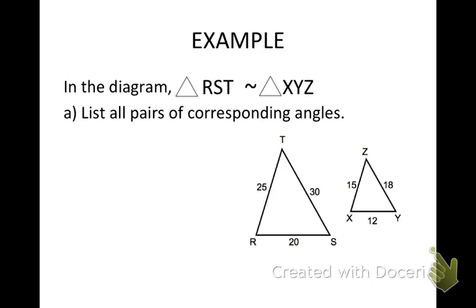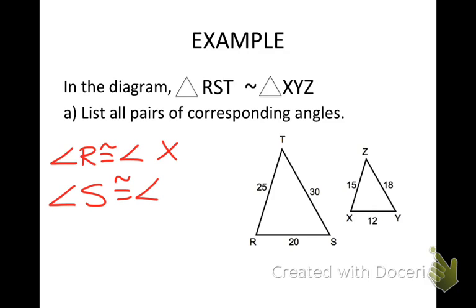So angle R would be congruent to what? R would match up with X. So angle R and angle X are congruent. Angle S matches up with angle Y. And angle T would be congruent to angle Z. So list all pairs of corresponding angles.